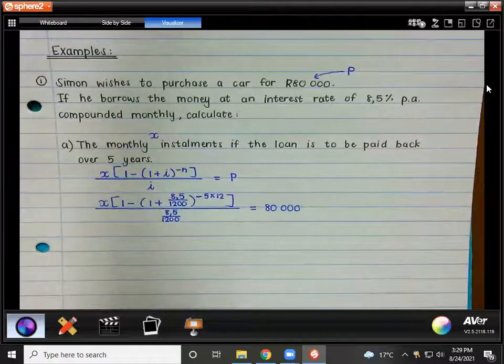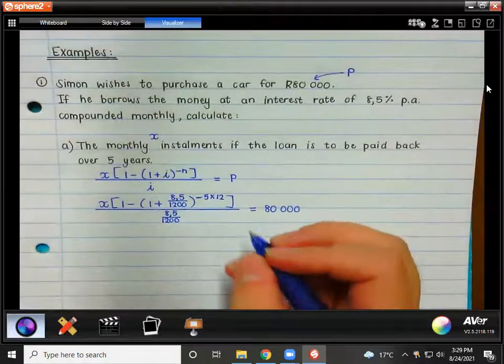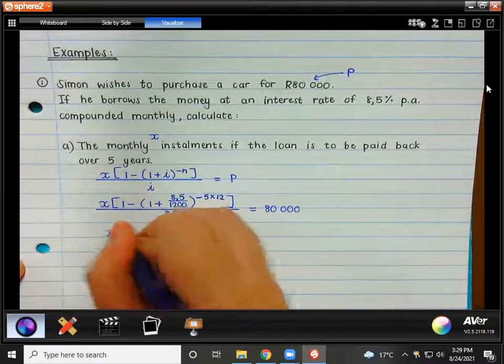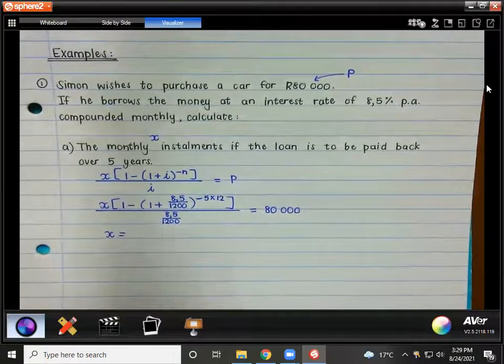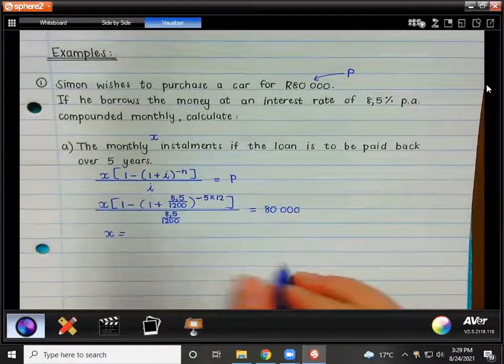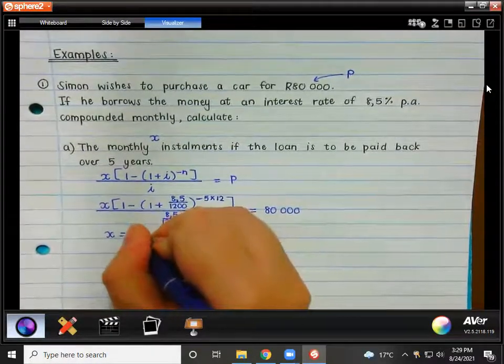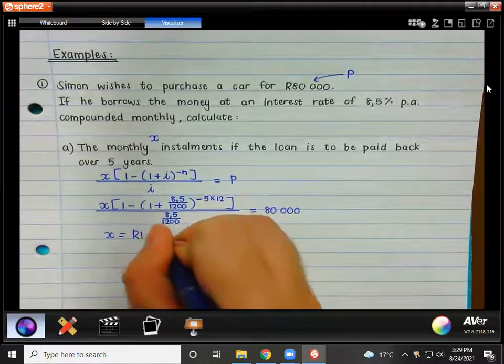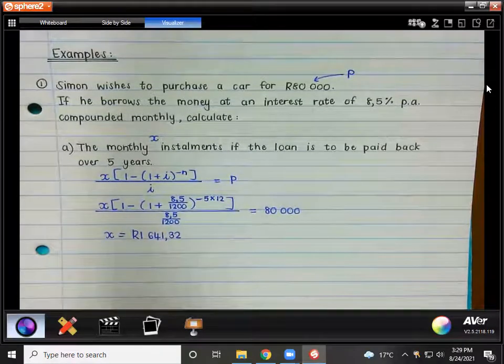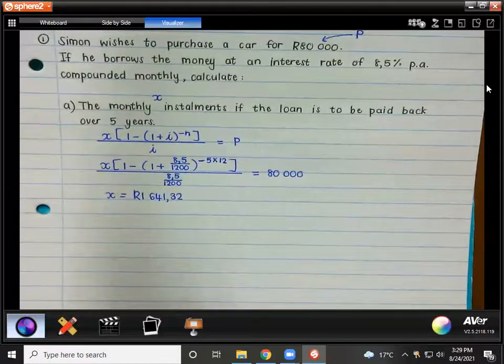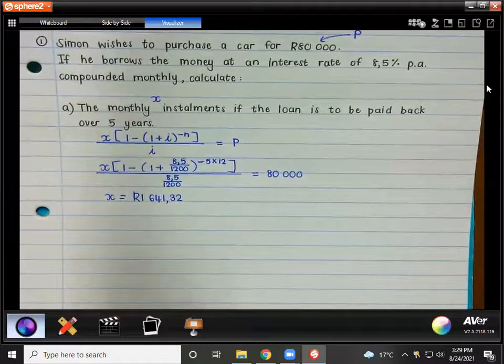All right, do we have an answer there? Oh, sorry, I nearly dropped my page. So x is equal to, let me just quickly check what my answer is. 1641.32. Okay, there we go. 1641.32. All right, are we fine with that?